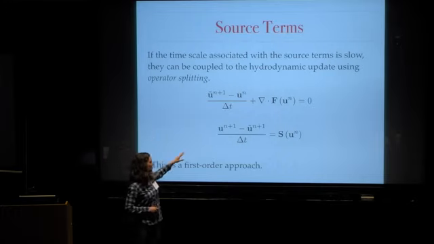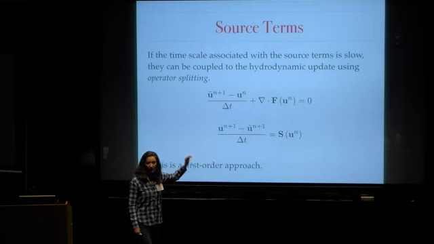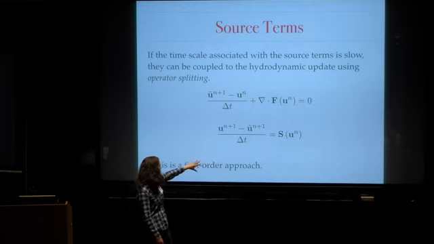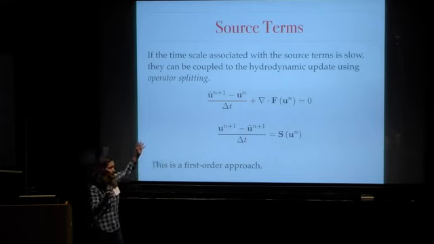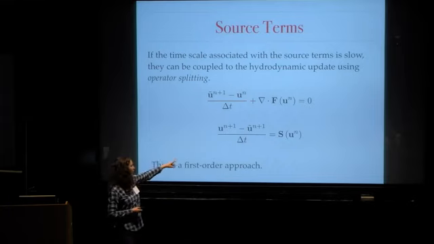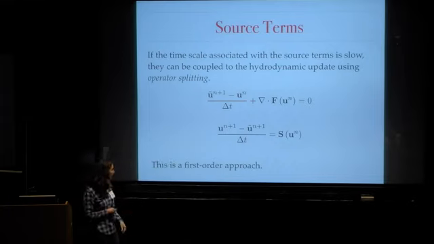Then you just apply the source terms as formulated at time n. By nature, it's a first order approach because we're just doing delta t times S.